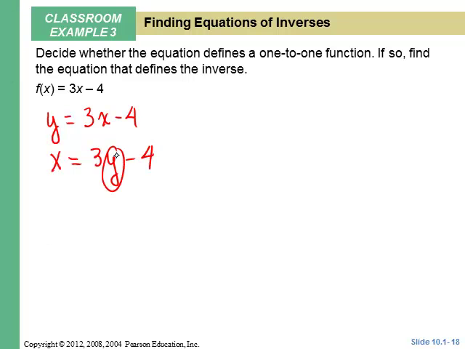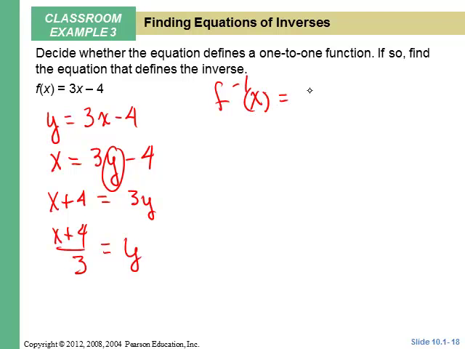Get the y all alone. So x plus 4 equals 3y. y equals x plus 4 over 3. f negative 1 of x equals x plus 4 over 3. That's how you solve these and find their inverses.